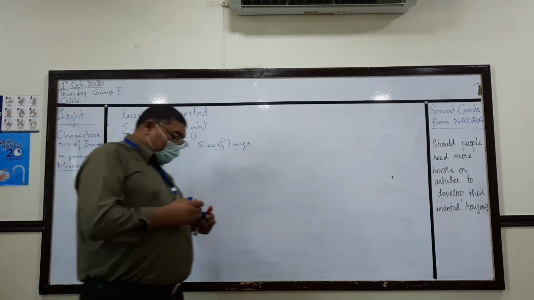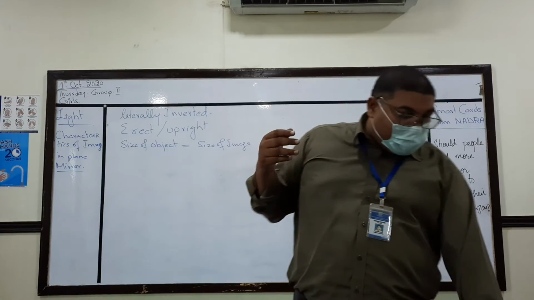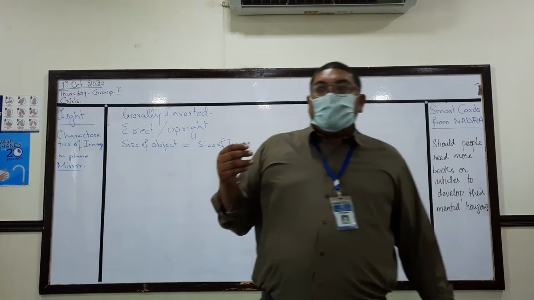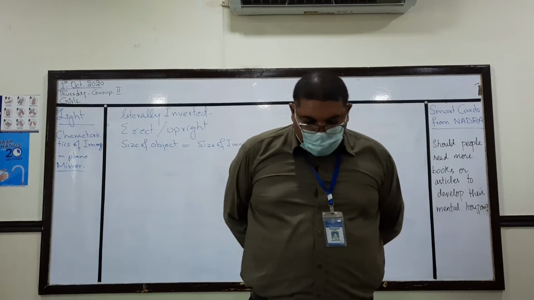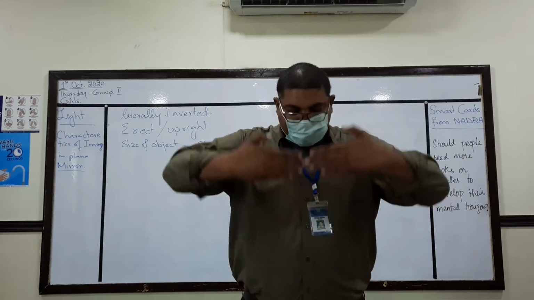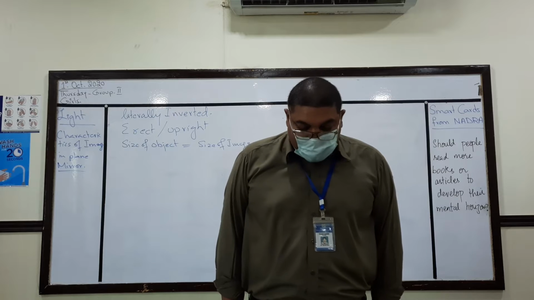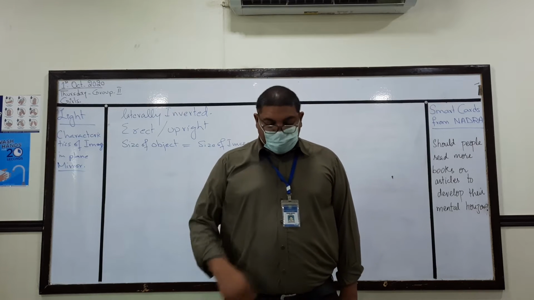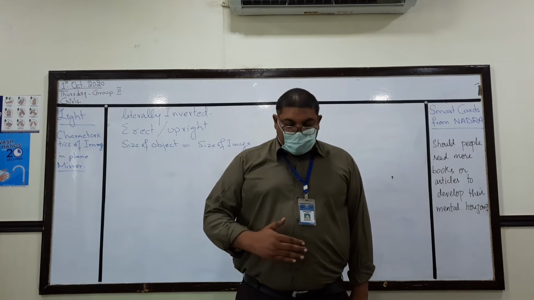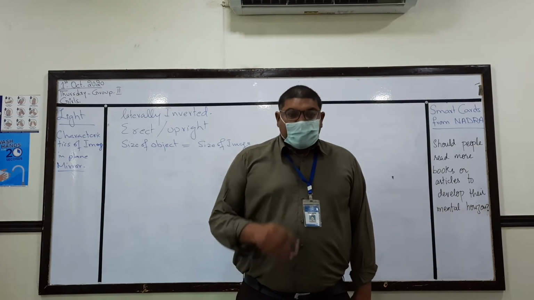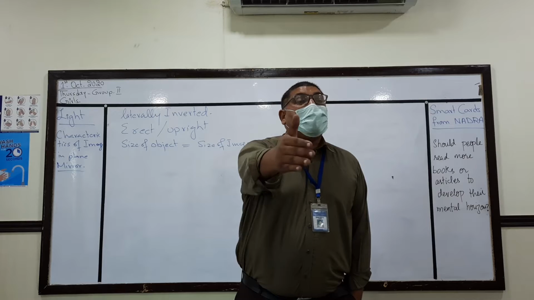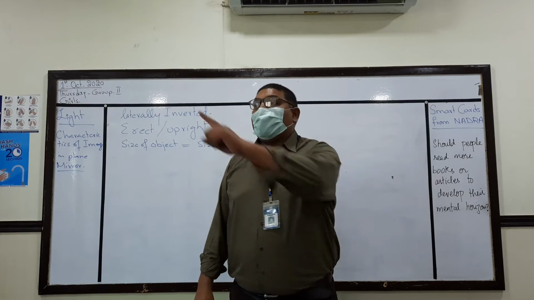The next characteristic is that if you stand in front of a mirror, for example, here I have a mirror. If I stand 2 feet away, the distance between me and the mirror is 2 feet, the image which appears in the mirror will also be at 2 feet.